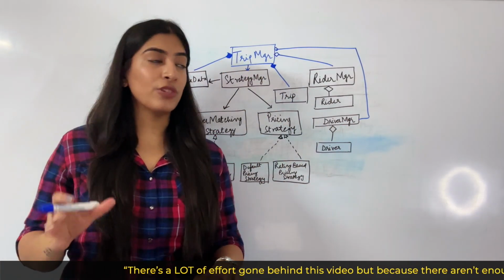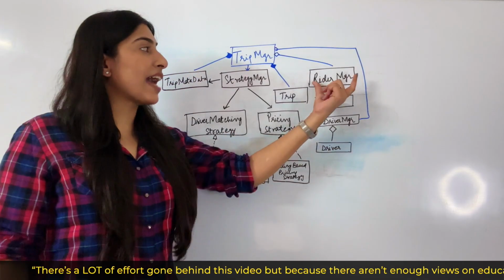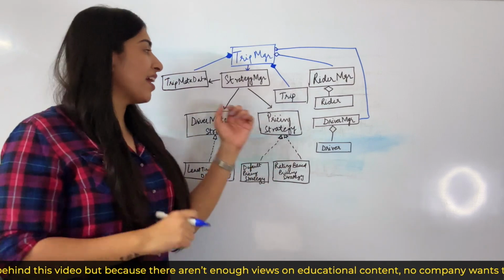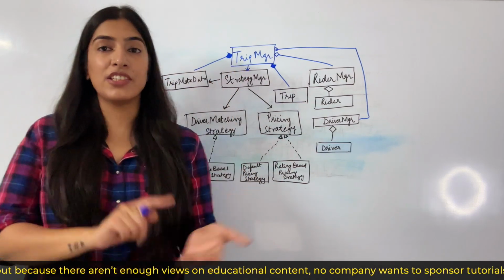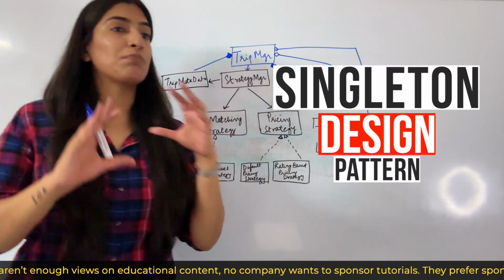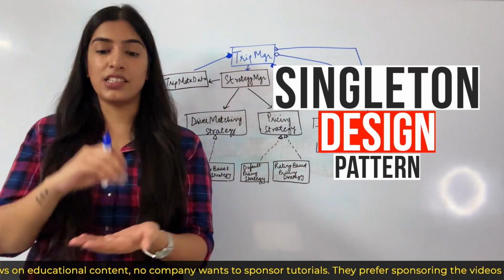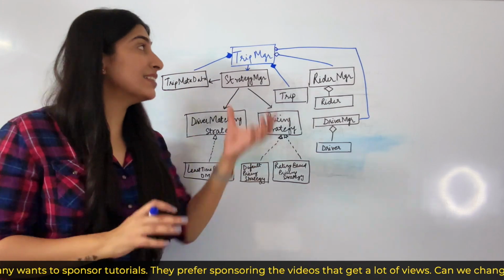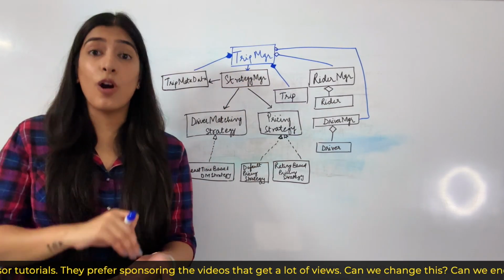Now another point to note over here: as I mentioned earlier, the rider manager and driver manager classes were singleton. Similarly, I have made the strategy manager and trip manager classes also singleton. Basically, for all the managers, I just want one instance of them to manage everything. I want only one instance of trip manager to take care of all the trips.